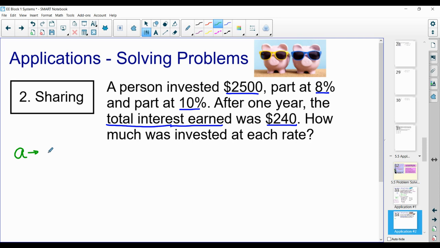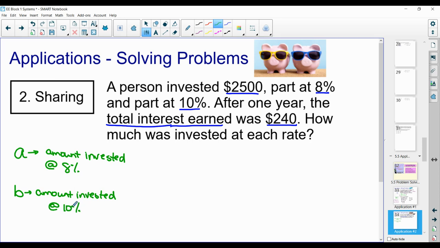And so A will represent the amount invested at 8%. Now it's important that I'm clear on that. If I just wrote A equals 8%, that doesn't tell me enough. So A is the amount invested at 8%, and B is the amount invested at 10%. We have this tendency to want to just shorthand everything.